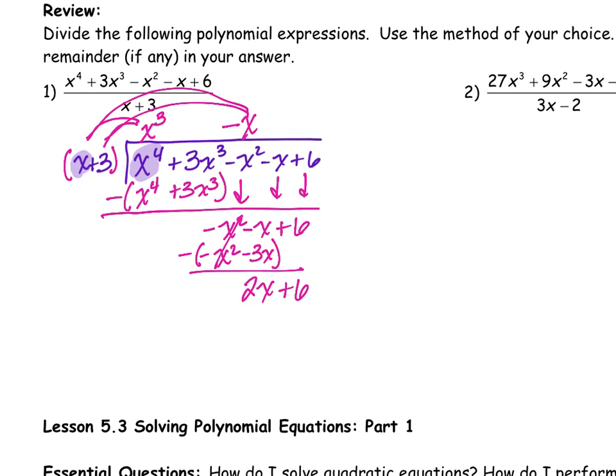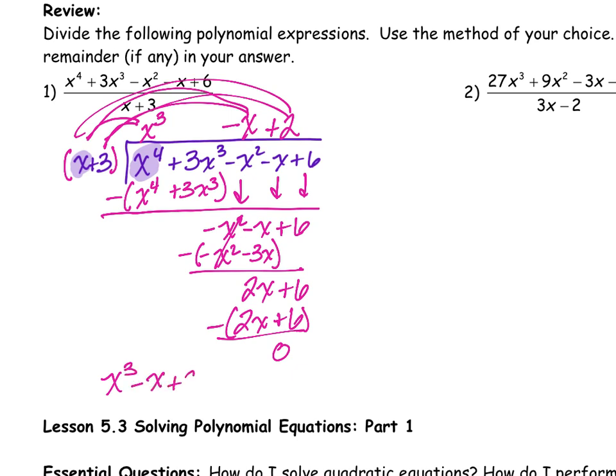And now again, I say, what do I multiply x by to get 2x? And that would be plus 2. So distribute. 2 times x is 2x, and 2 times 3 is 6. Subtract. I get 0. So my answer is x cubed minus x plus 2.